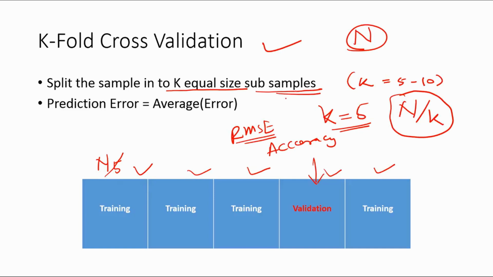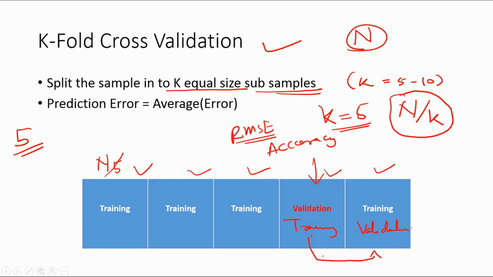You have to do it for 5 iterations, because the validation sample can be any one of these 5 samples. So this is the 4th one, the 4th subsample is the validation here. You can take the 5th subsample as the validation as well. Just change it. Now this has become validation and this is training.